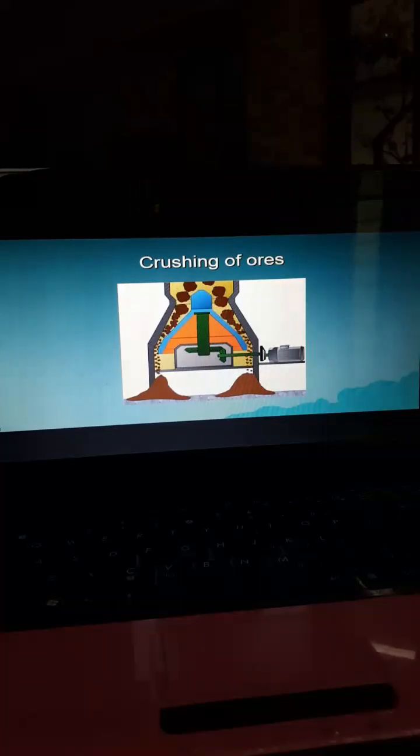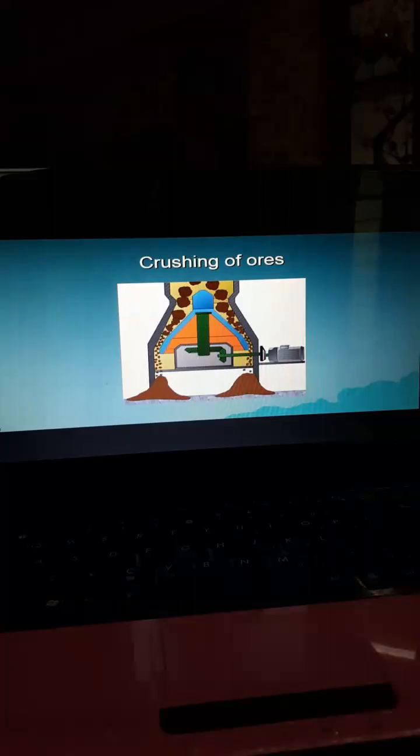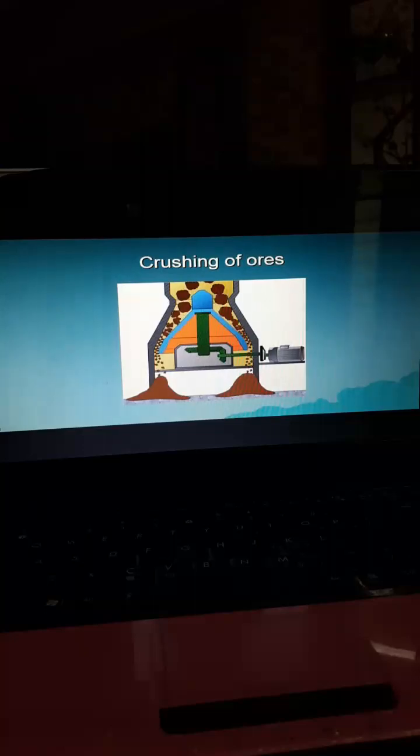At first we have to break the larger pieces into small pieces by the jaw crusher. And here you can enjoy the animation. So what is crushing? When the larger one converts into a smaller one, or like powder, to extract the metal easily, this is called crushing.